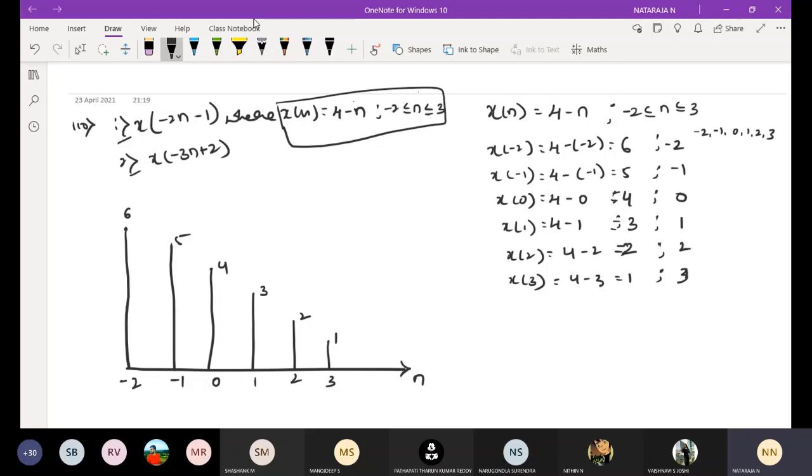Can anyone tell me the second step, time scaling? Sample with amplitude.